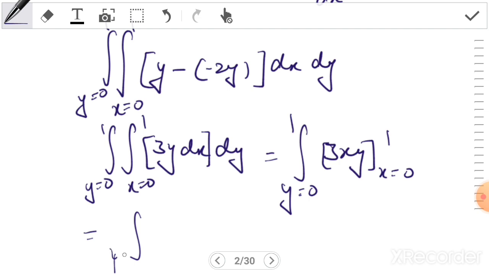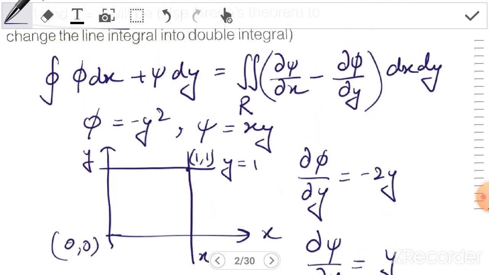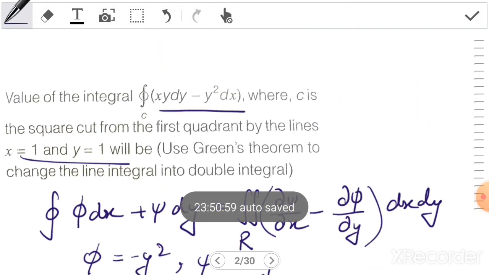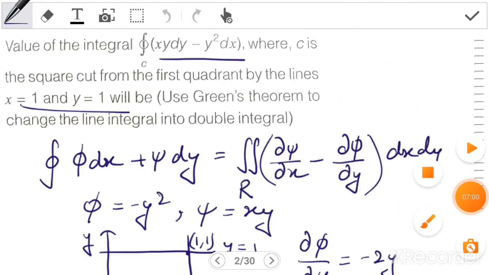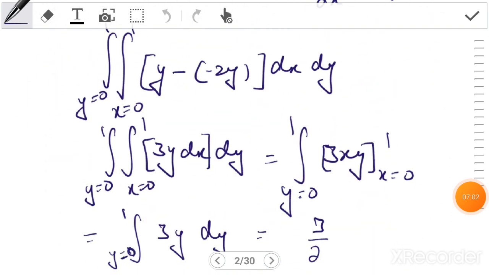So y from 0 to 1, 3y dy, which is 3 by 2. So 3 by 2 is the answer. Okay, let's go to the next problem.